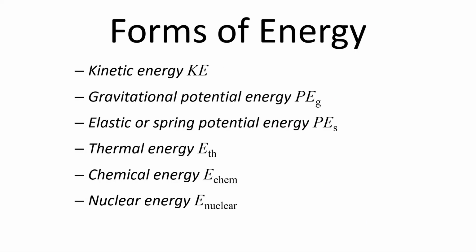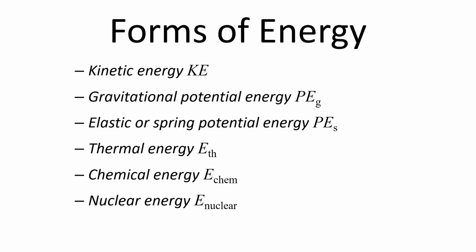Energy comes in a number of different forms. We can talk of kinetic energy, which is related to motion. We can talk as well of gravitational potential energy related to the gravitational force of the planets or the sun.